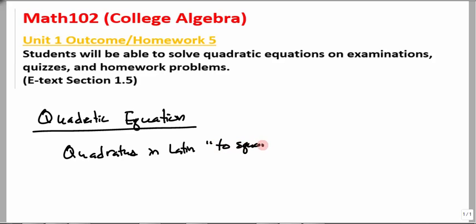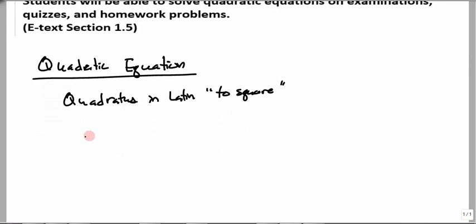So again, we're not looking for quad, like a four-wheeler meaning 4, but quadratus in Latin, which means to square. So we're looking at equations where the first term or the highest term is squared.